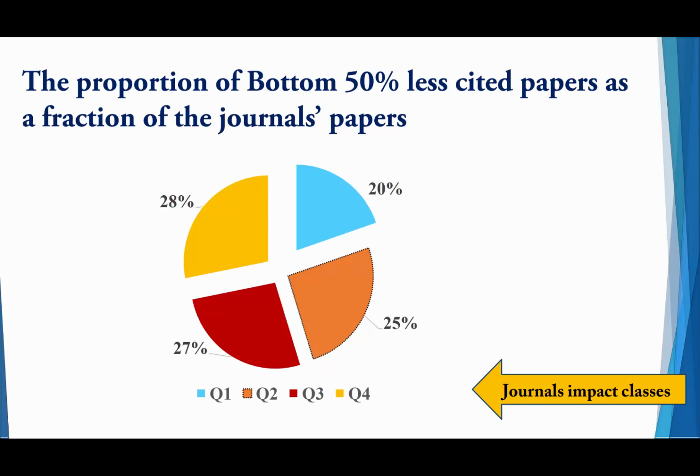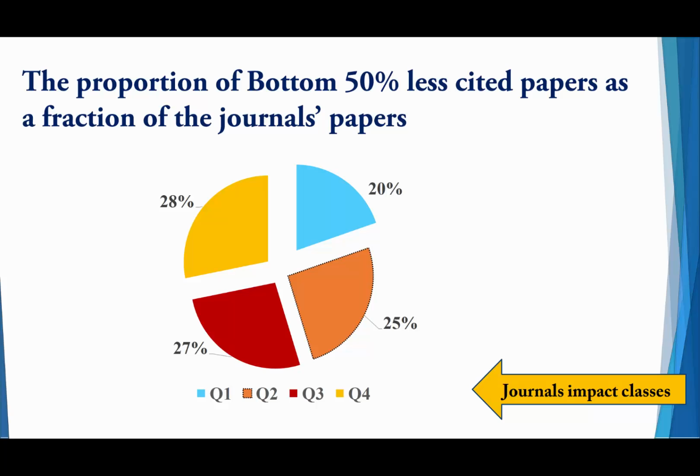Bottom 50% less cited papers consist of 50% of journals papers. However, they only receive about 4% of journal citations. On average, the papers that are published in Q1 journals receive more citations than those papers that are published in other group of journals.